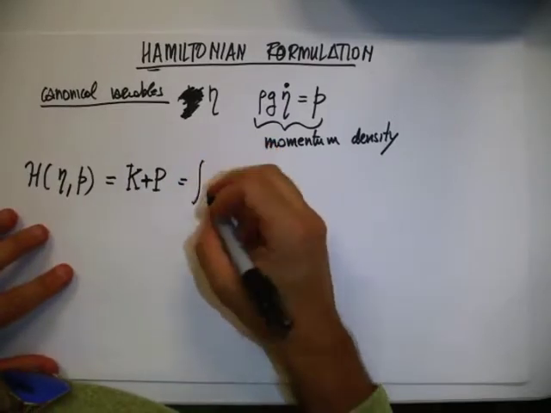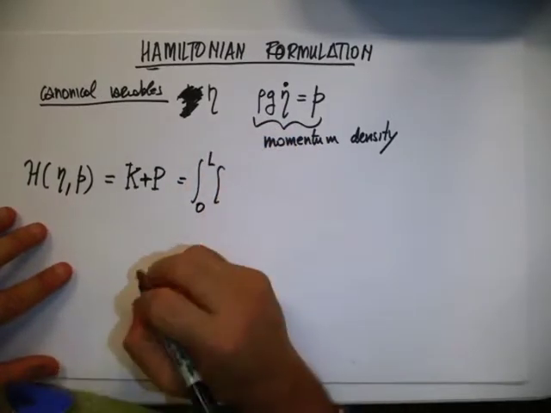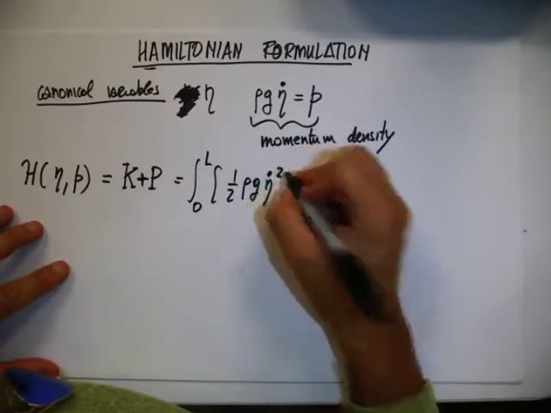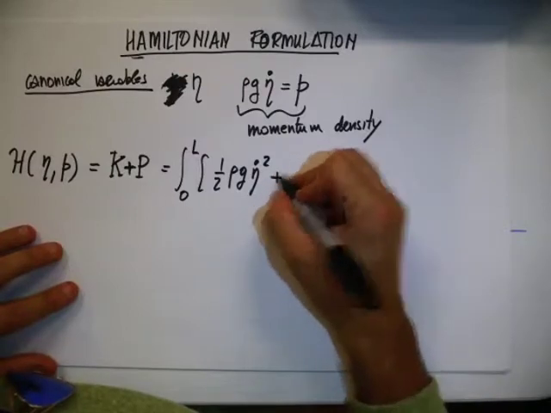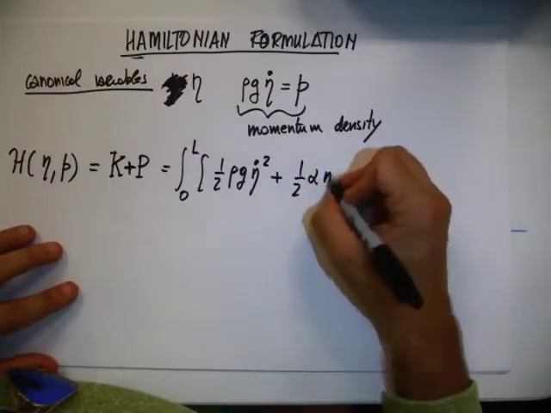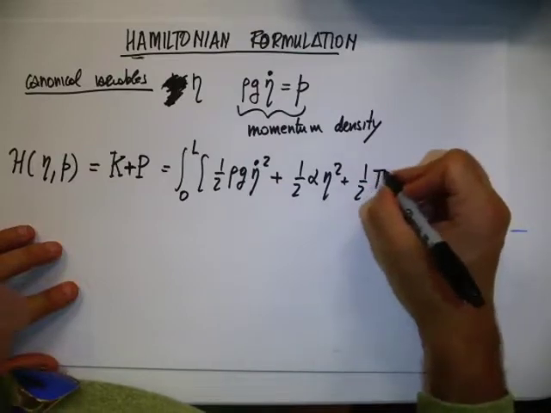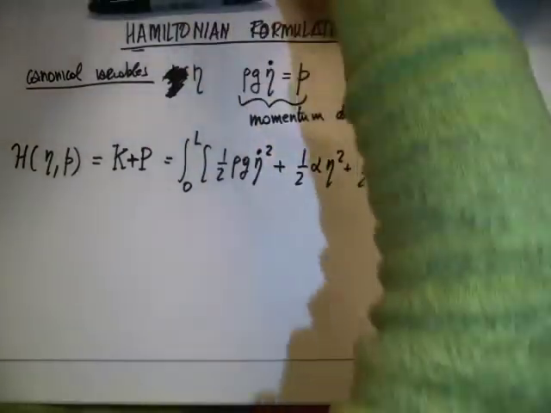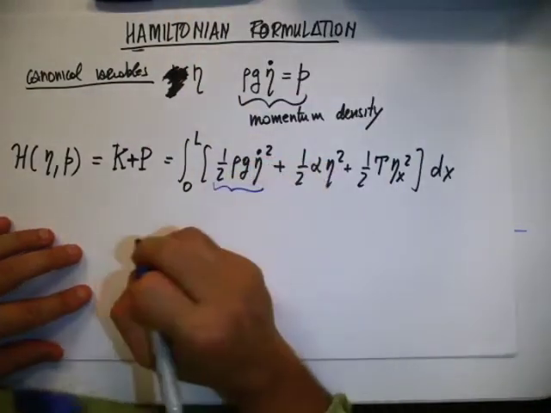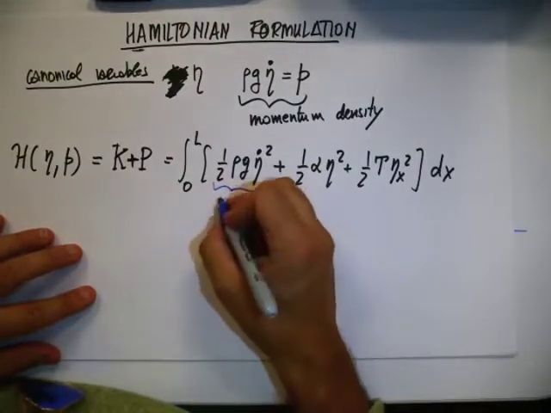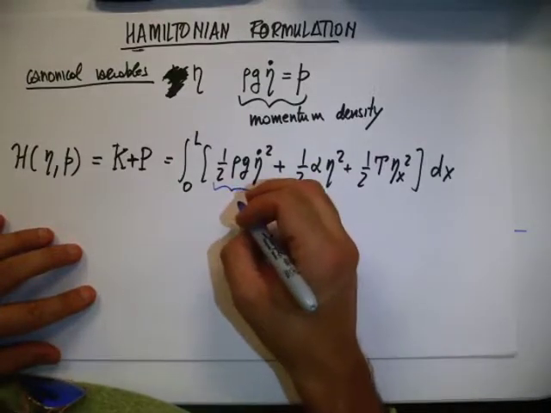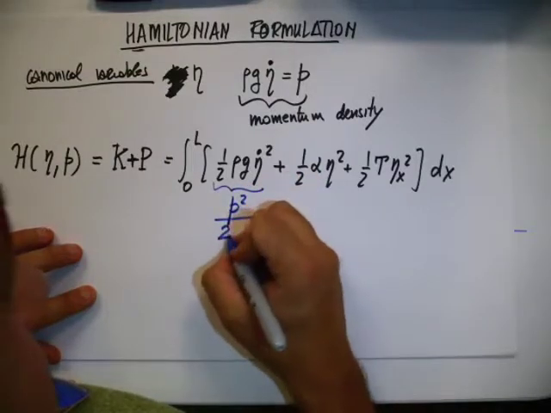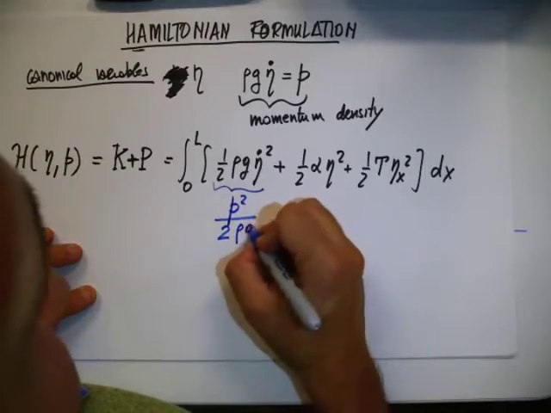This is equal to the integral between 0 and L of 1/2 rho g eta dot squared plus 1/2 alpha eta squared plus 1/2 capital T eta x squared in delta x. But now I can rewrite this as p squared divided by rho g.